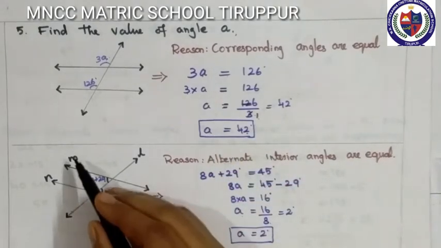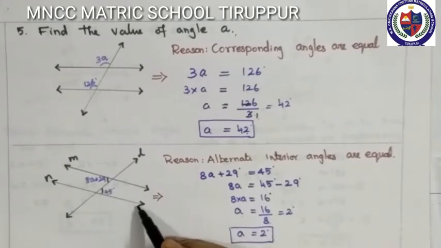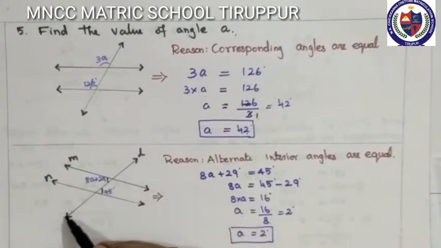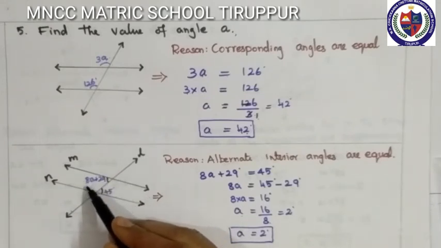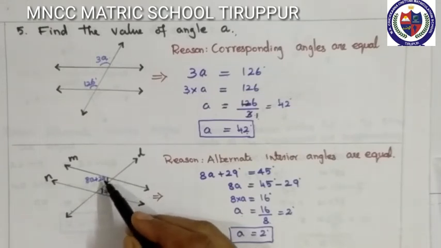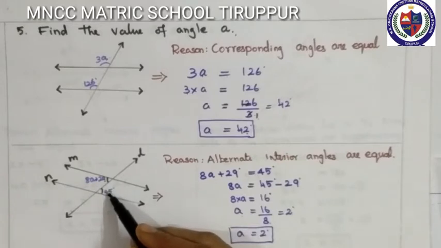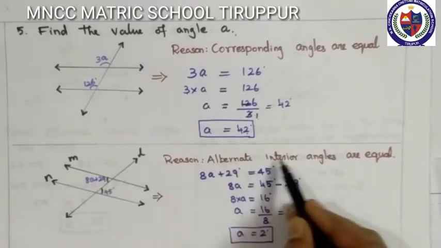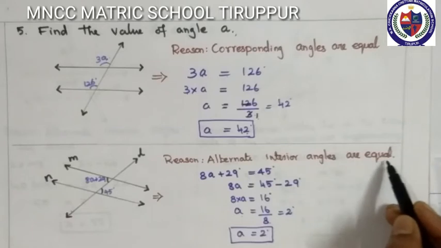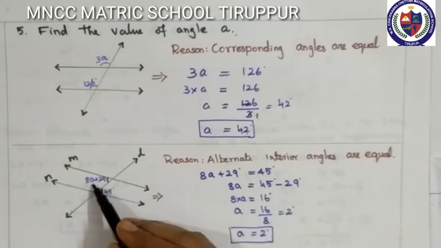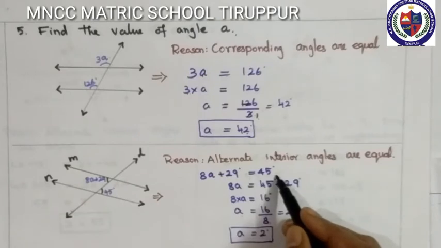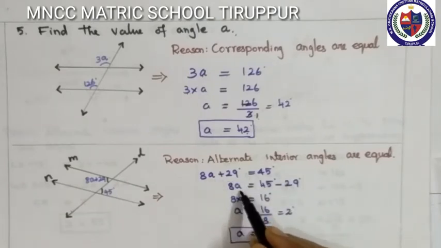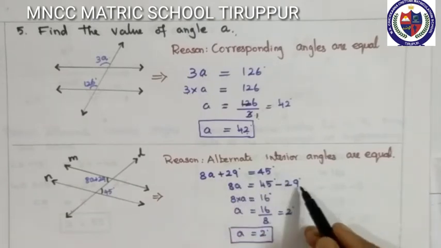Next sum. M and N are parallel lines, L is the transversal. Here these angles are interior angles, at the same time alternate interior angles. Alternate interior angles are equal. So 8A plus 29 equals 45 degrees. Variable on one side, numbers go to the opposite side.